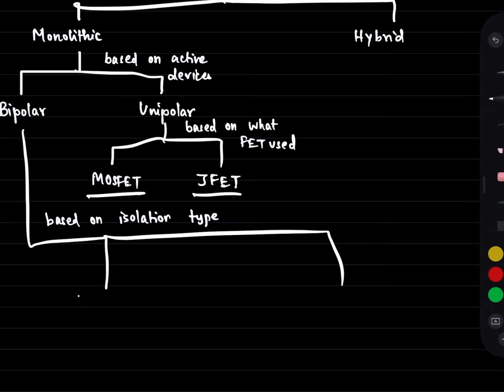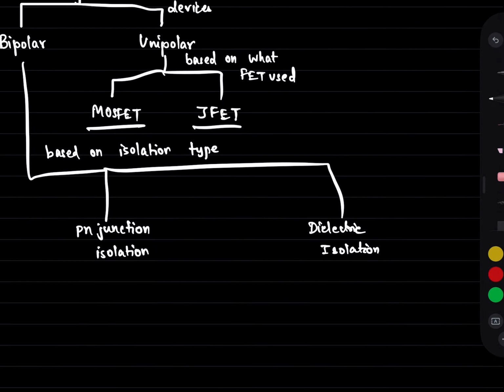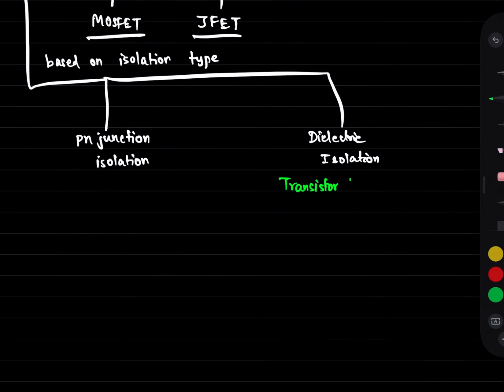There are two types of isolation techniques in bipolar ICs. They are PN junction isolation and the other is dielectric isolation. In dielectric isolation, we have a transistor, let's say, and we cover it with a layer of silicon dioxide, which is an insulating layer.